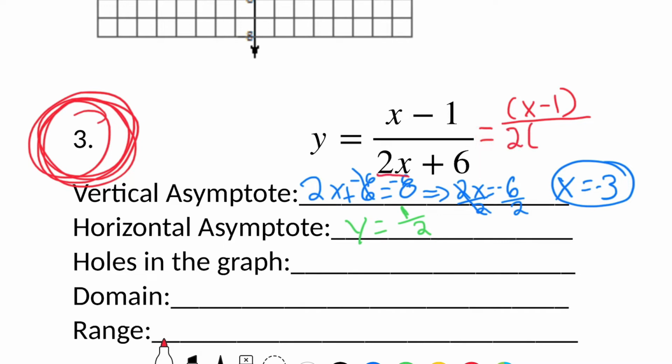GCF is 2, so we do 2x divided by our GCF, we get x, and 6 divided by our GCF, we get positive 3. Are there common factors between x minus 1 in the numerator and x plus 3 in the denominator? No, there are not. So we have no holes.